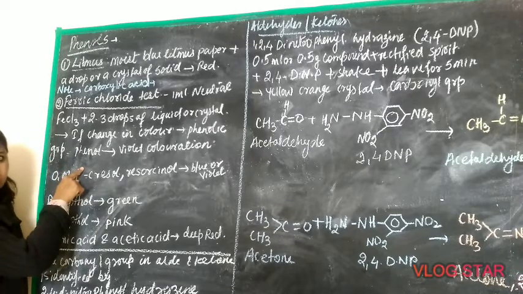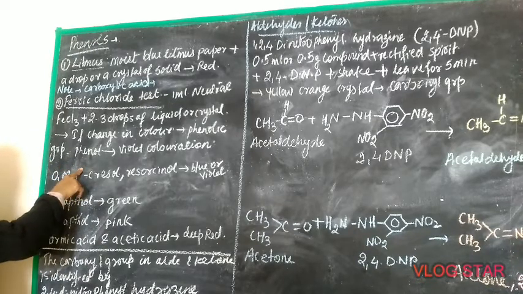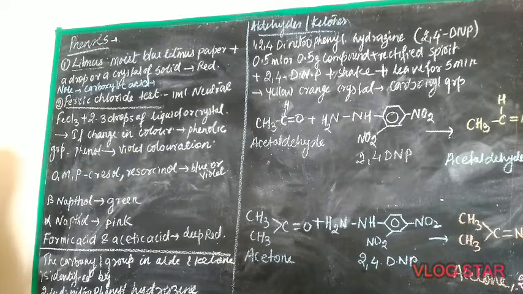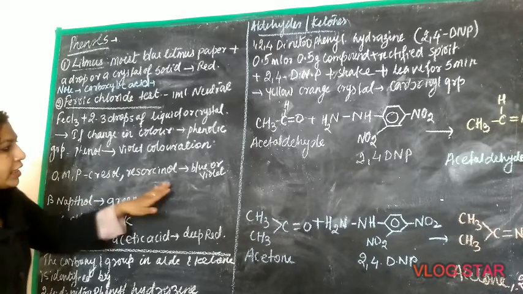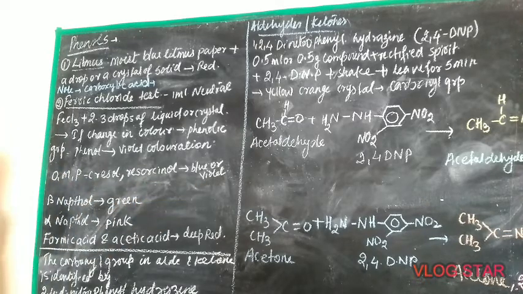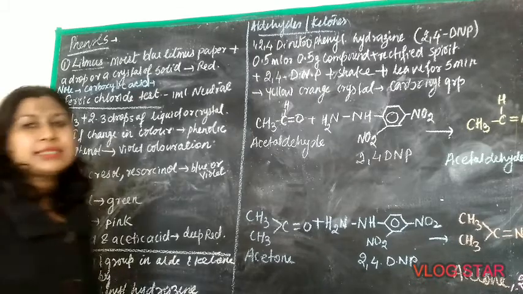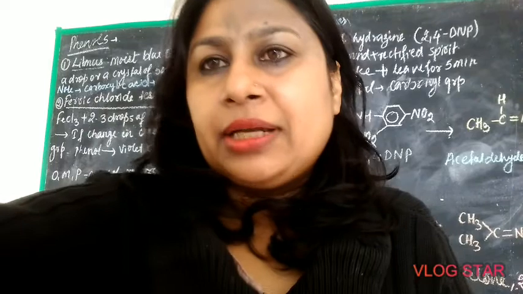Common phenol, C6H5OH, gives violet coloration. Ortho-, meta-, paracresol and resorcinol give blue or violet coloration. Beta-naphthol gives green. Alpha-naphthol gives pink. And formic acid and acetic acid give deep red color.